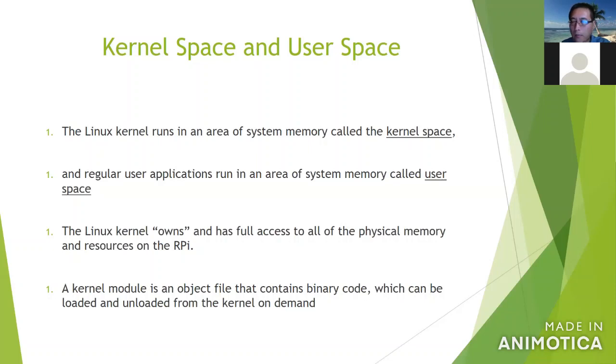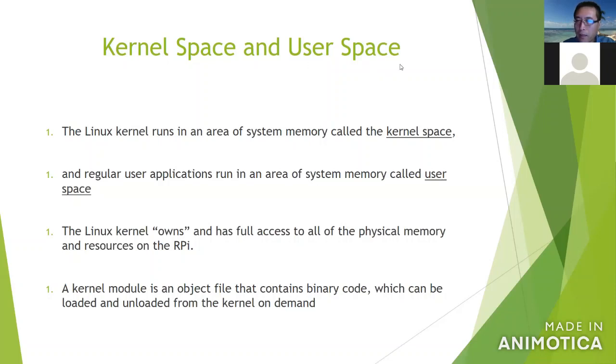Okay, and on the other hand, for user space, from the name, we already know that it's designated for users. Okay, so that means as a user, for example, we all users. When you turn on the power of Raspberry Pi, it goes through all those booting procedures, and eventually the operating system will control the whole system, and the operating system designates a part of the memory for user space.